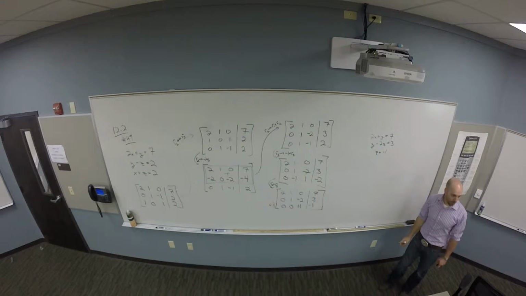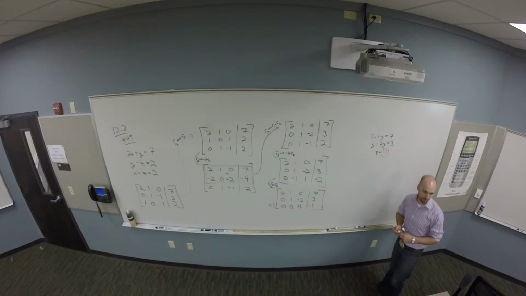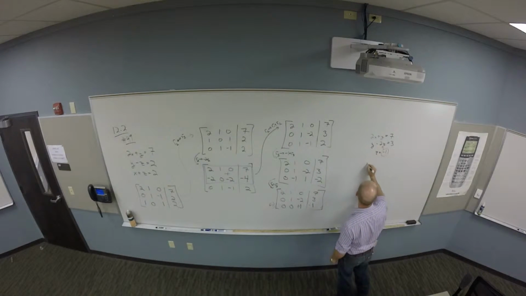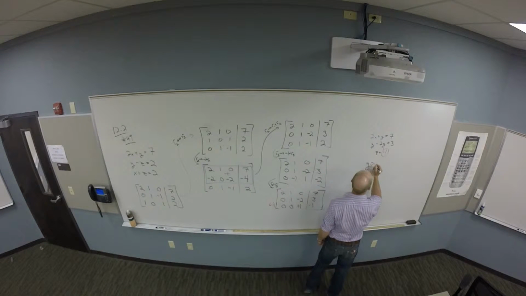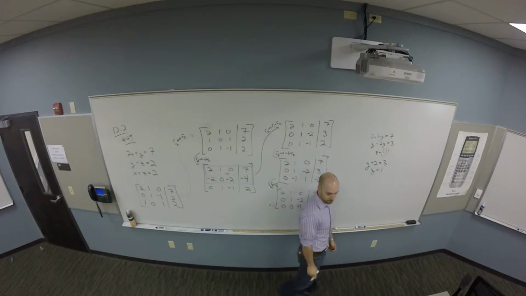Z is -1, right? Okay, so you're going to take this information and plug it in there, right? So what's that going to read? That's going to read y plus 2 is 3. And as Corbin notes, that's y is 1, right?